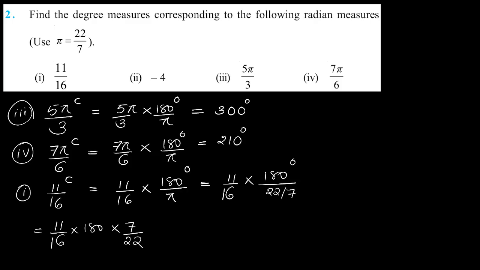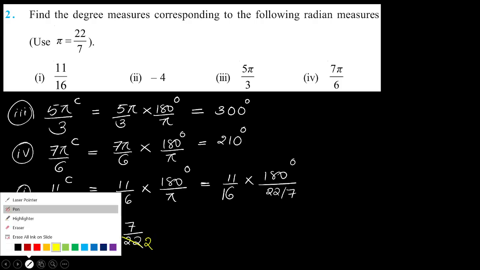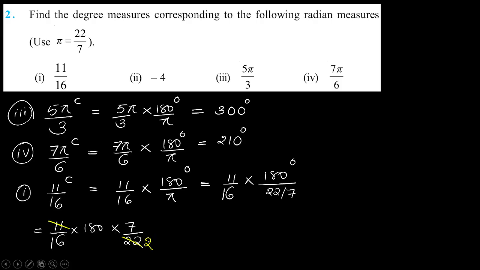I mean multiply with the reciprocal. Can I cancel any term? One term I can cancel. 11, 22 cancelling, you will get 2. 2, 180, 90. Let me do all calculations. 2, 180, 90.